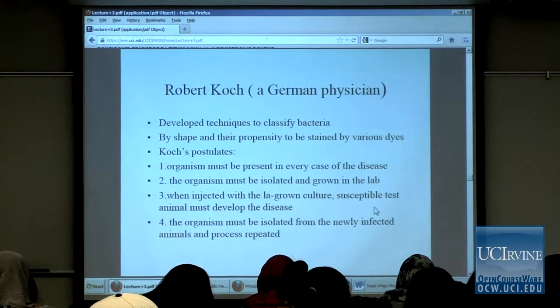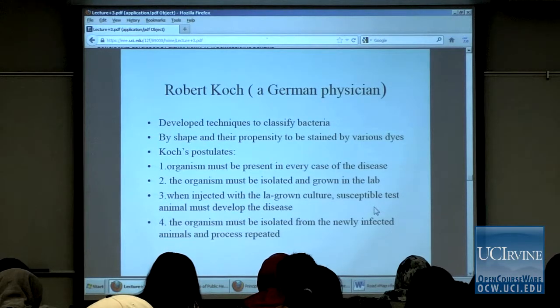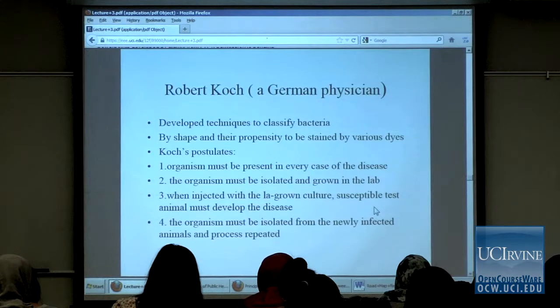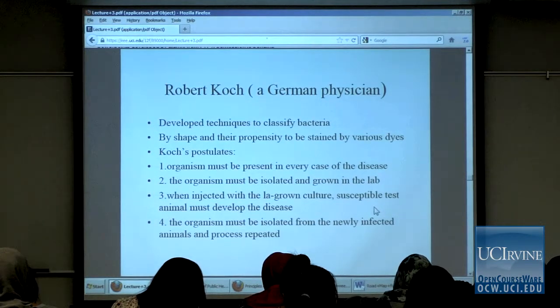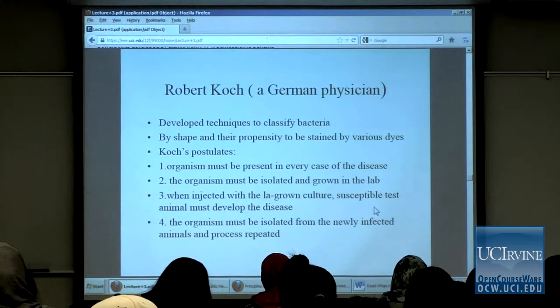Now, many of these things could be used and monitored through different software programs, so we are minimizing the use of animals in this form. And then when it's isolated, the whole process must be repeated.